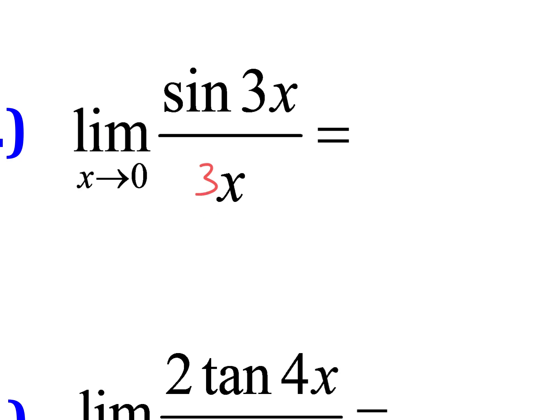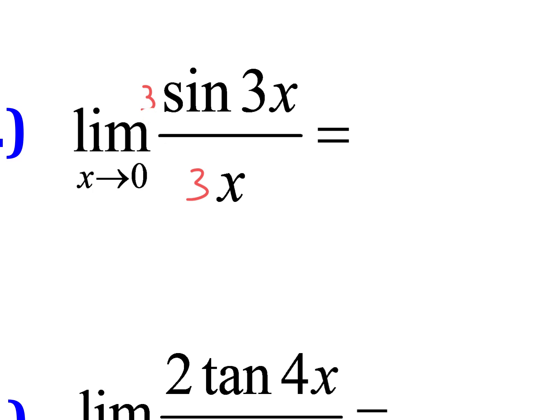What I can do, though, is be sneaky about how I do this, and multiply this fraction by 3 over 3. 3 over 3 is just a fraction whose value is 1. I haven't changed anything, I've just changed the appearance. So now I have that 3 down in the denominator, and I have this 3 up in the numerator here.